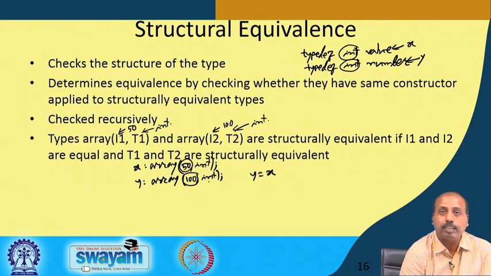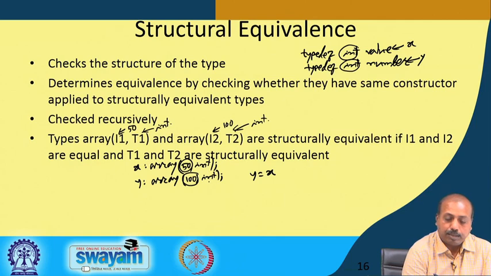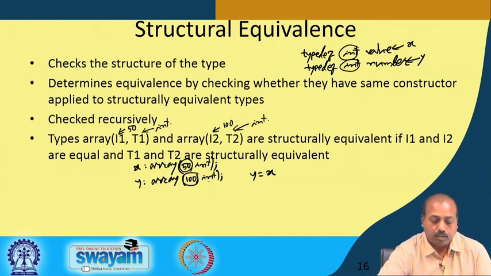Though the basic types are integer, it will give rise to an error. This is the structural equivalency, because the I1 and I2 values are not matching, so they are not structurally equivalent.